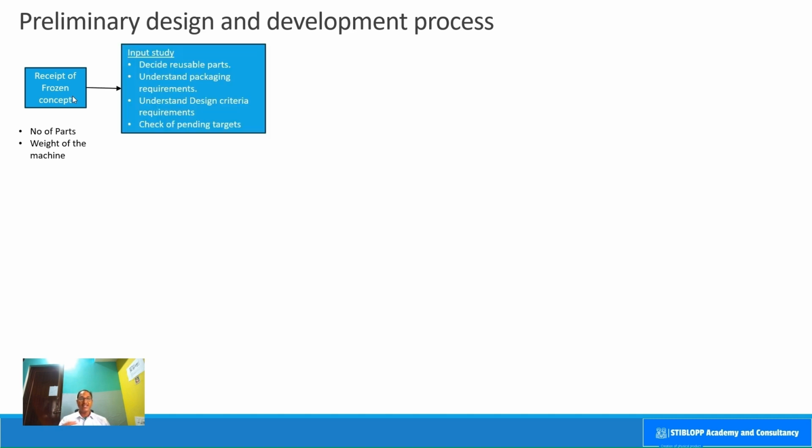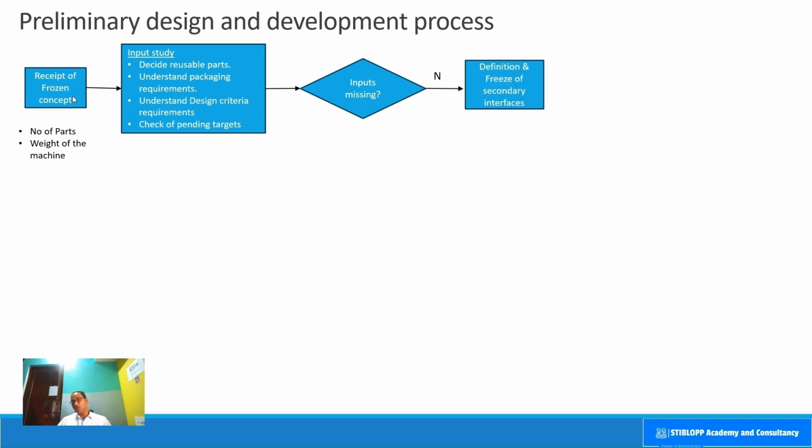The next immediate step in the process is the input study. In this input study, we decide the reusable parts, understand the packaging requirements, understand the advanced design criteria requirements, and check what the pending targets are. Next, we check if there are any inputs missing.